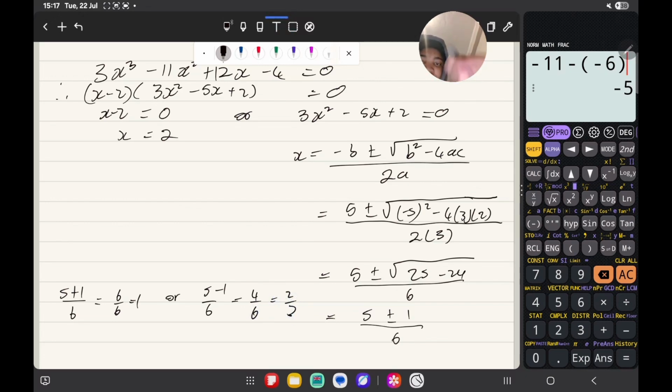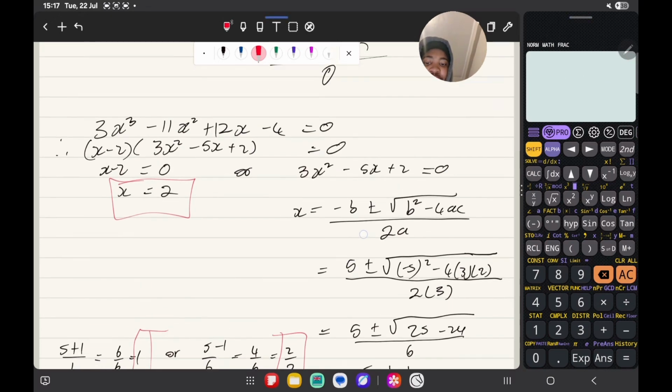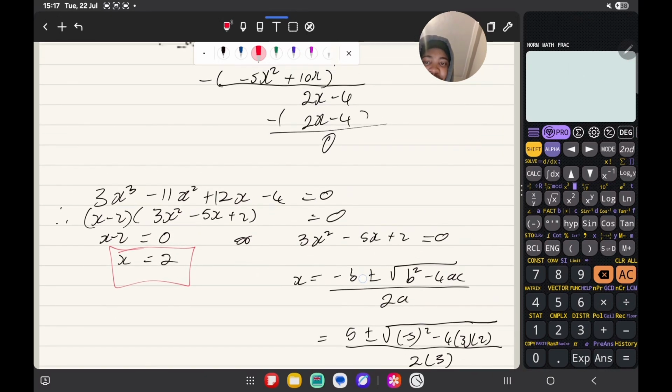So what am I trying to do? Yeah, so your values for x are this one and this one, right? So what I'm going to do now, I want to test them, and we have 1, so I'm going to test 1.